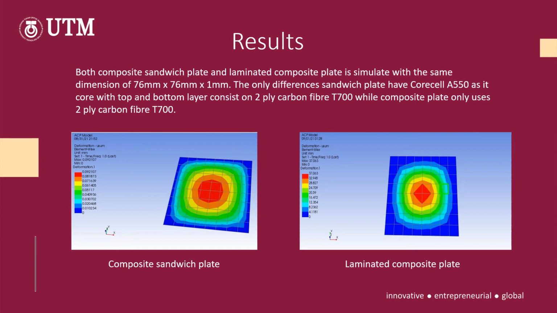The only difference is that the sandwich plate has core cell A550 as its core, with top and bottom layers consisting of 2-ply carbon fiber T700, while the composite plate only uses 2-ply carbon fiber T700.